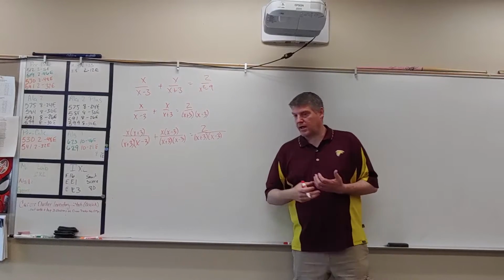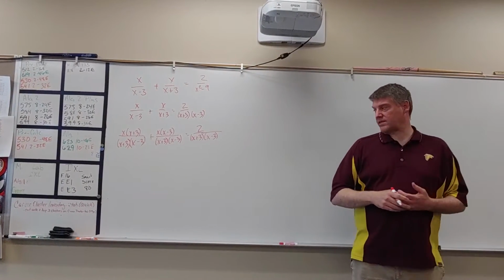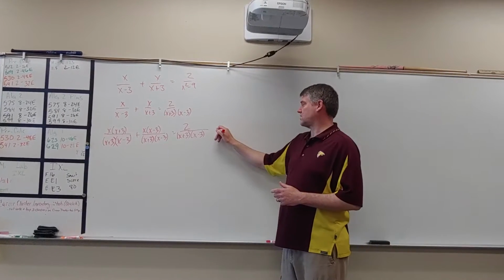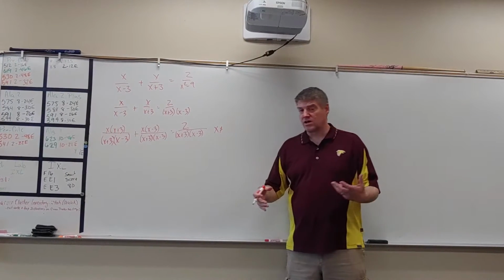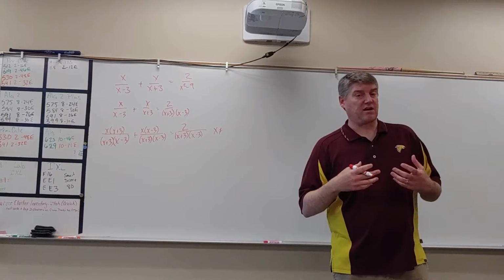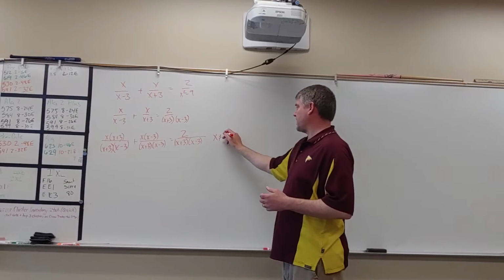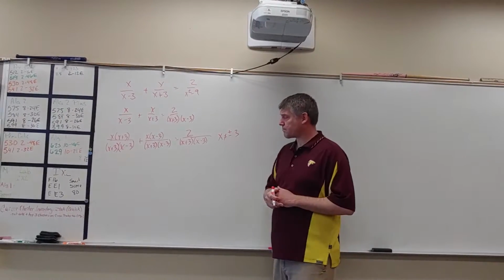Now I'm going to simplify this a little bit. Right here, I can talk about my domain restrictions. I have to find those values that make the denominator 0, so that's plus or minus 3.